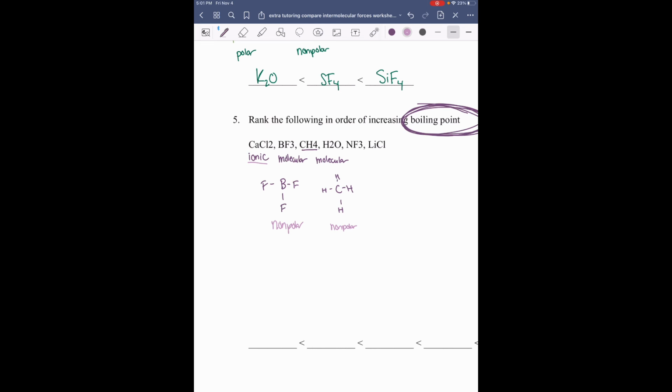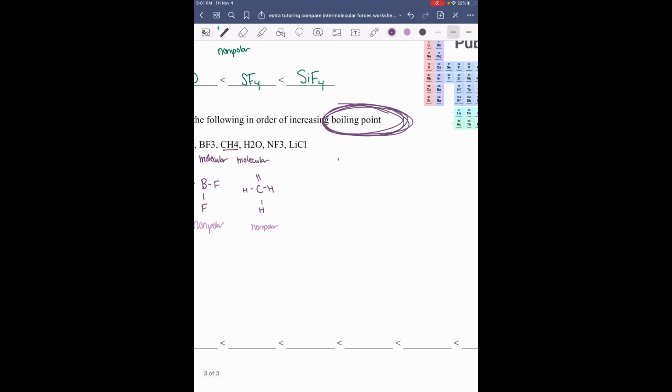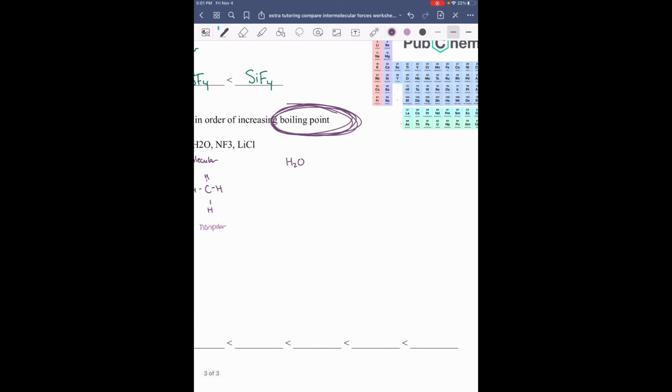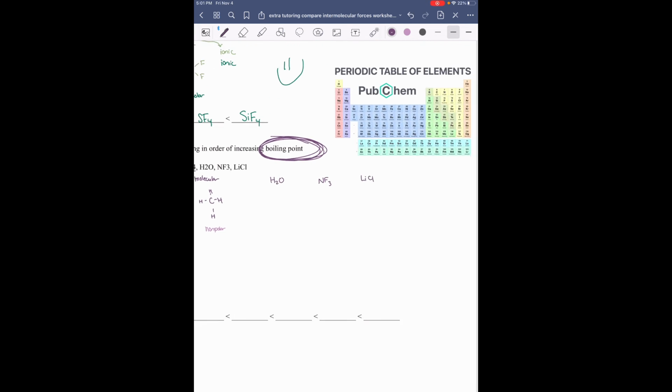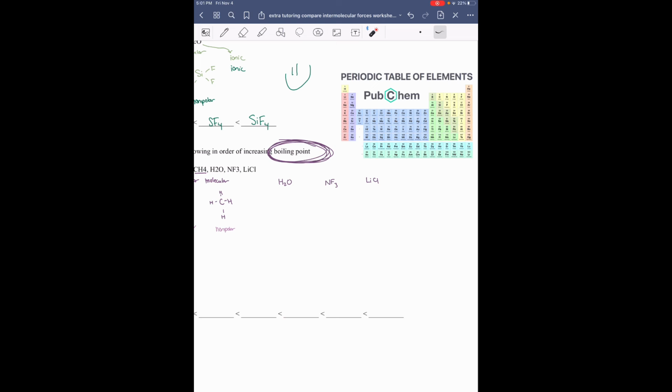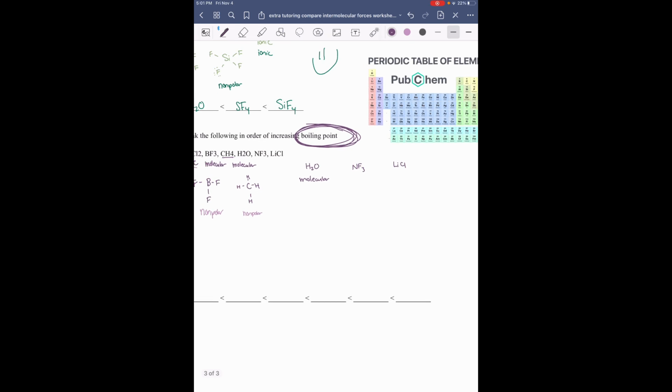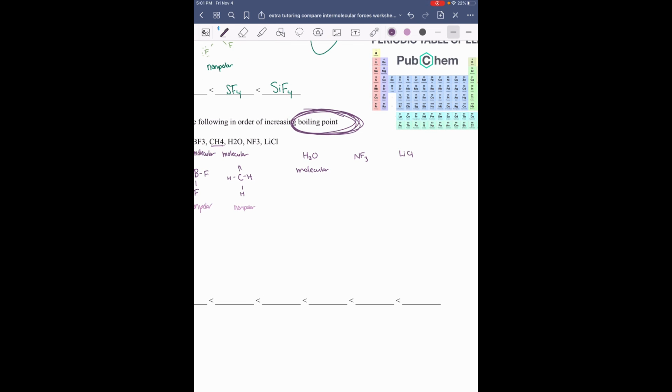Then we have our H2O next, NF3, LiCl. For H2O, we have H and O, so that's molecular. What do we do if it's molecular to figure out if it's polar or non-polar? Draw the Lewis diagram.